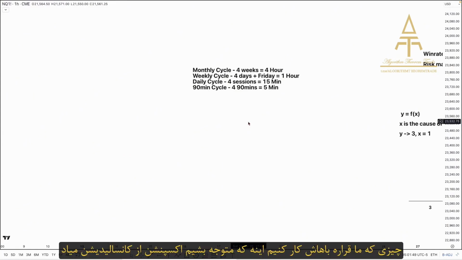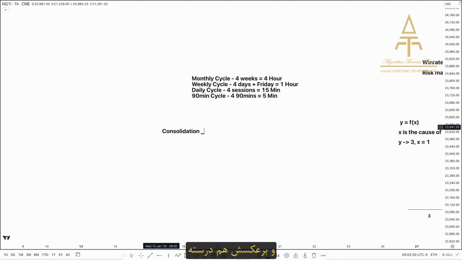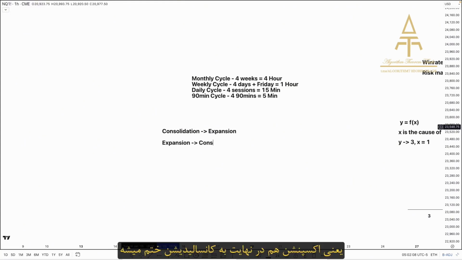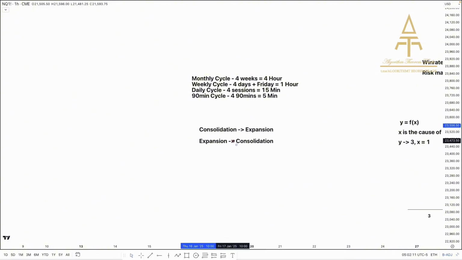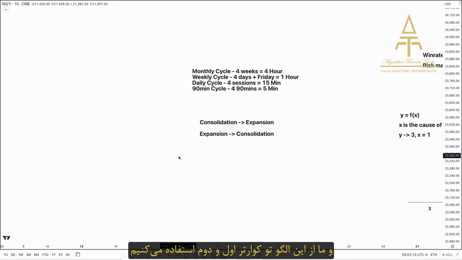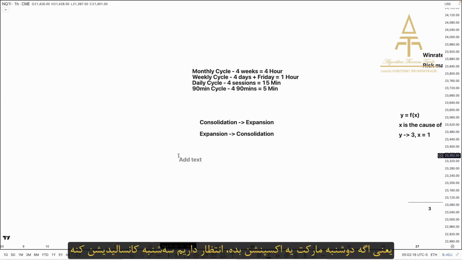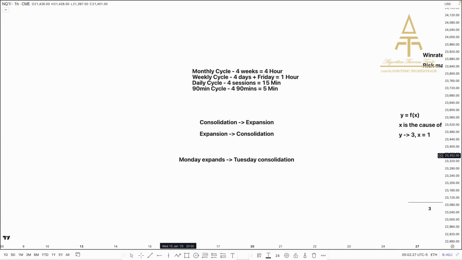What we will be using is understanding that expansion comes from consolidation and vice versa. So expansion will also lead to consolidation, and we will use these in the first and second quarter. So if Monday expands, we'll be anticipating a Tuesday consolidation.